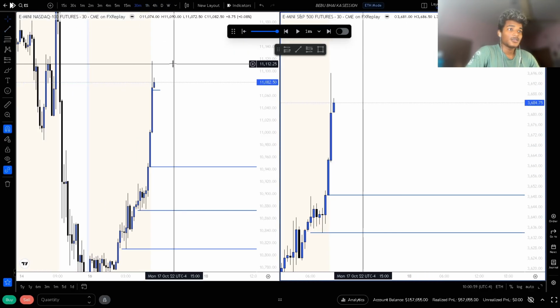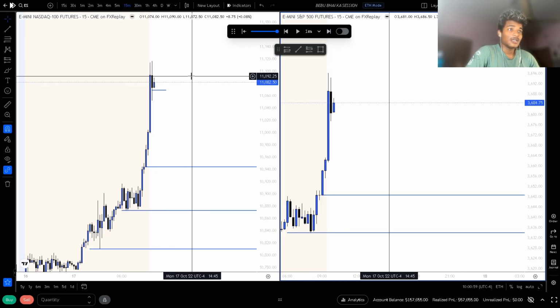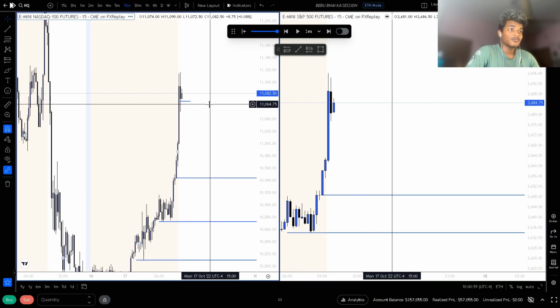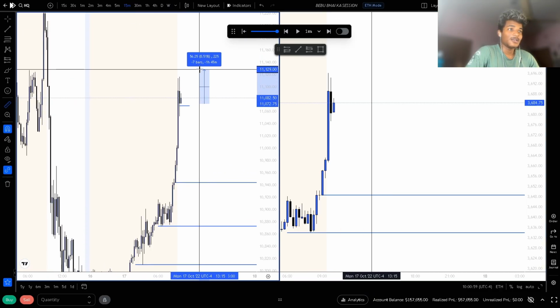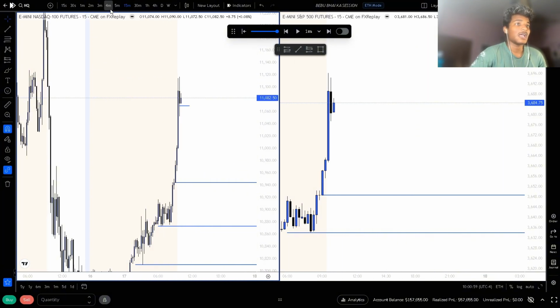30-minute unmitigated gaps are below us, guys. And we do have this 15-minute. So if we manipulate up higher and then I get a short, I will just target this 15-minute unfilled gap.